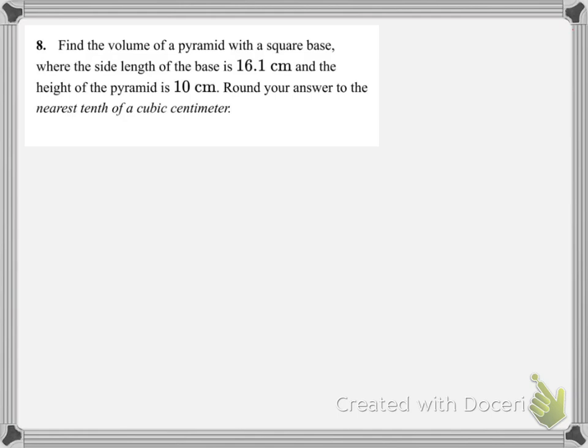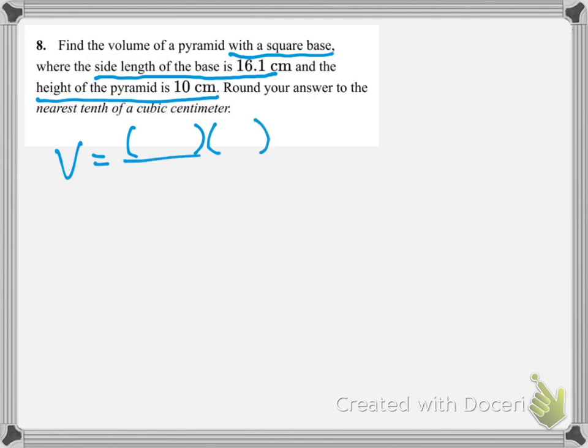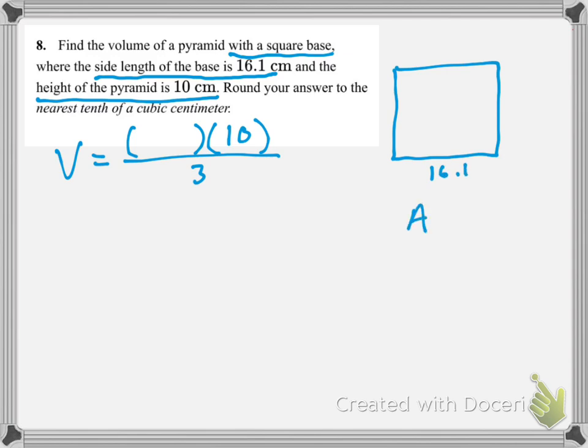All right, find the volume of a pyramid with a square base. Same thing. Side length is 16.1, height 10. Okay, this isn't as bad. Our height's 10. That's fine. Now, they give us a side length of the base. It's a square base, so 16.1 is one of the sides. The area of a square is the length of a side squared.